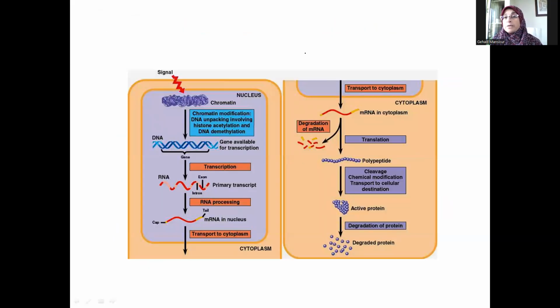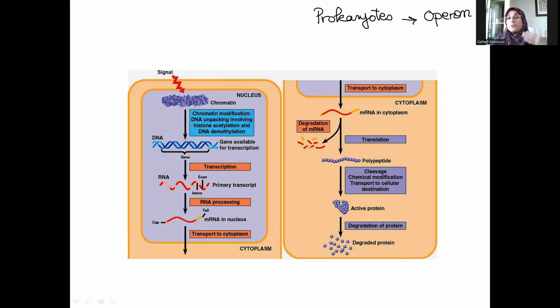And now we will be talking about the regulation of gene expression in eukaryotes. We know that in prokaryotes, the regulation of gene expression occurs at the level of the operons, or occurs through operons.